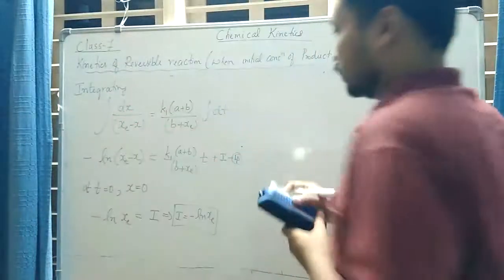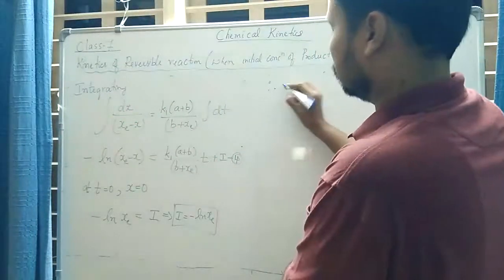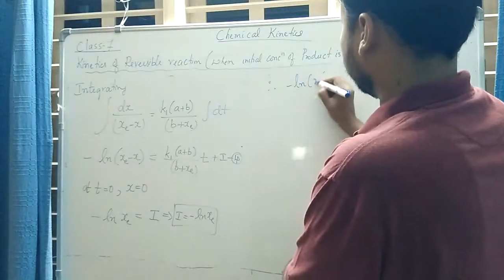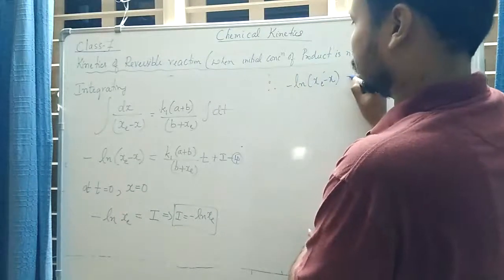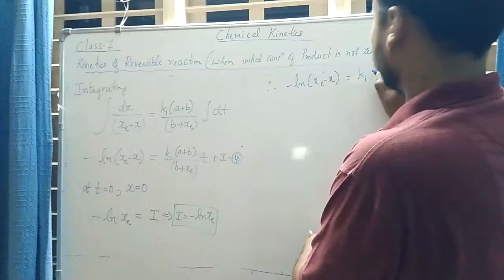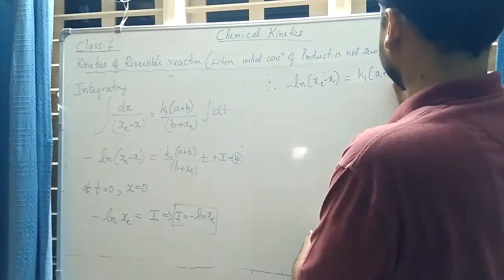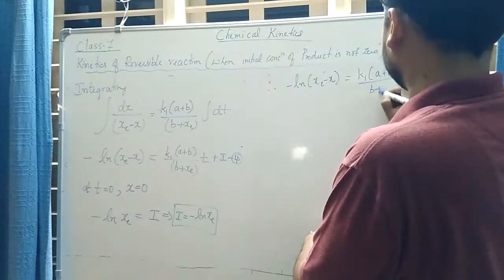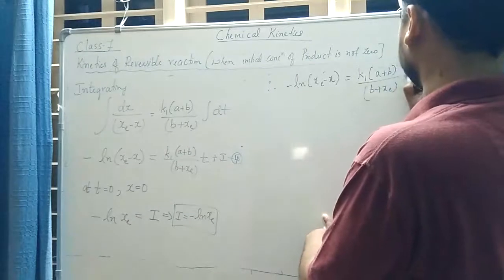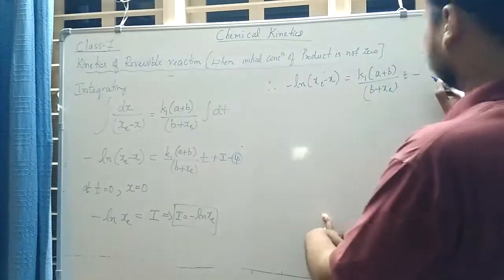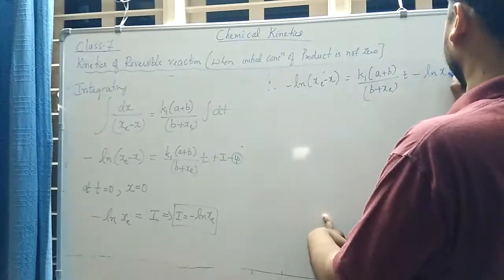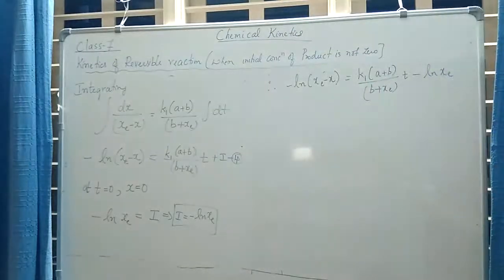Therefore minus ln of xe minus x is equal to k1 into a plus b divided by b plus xe into time, minus ln xe. So I is minus ln xe.